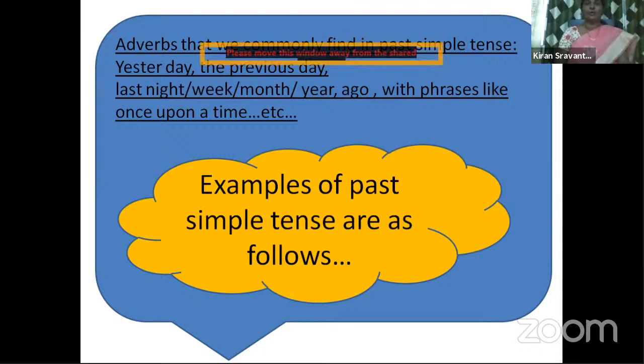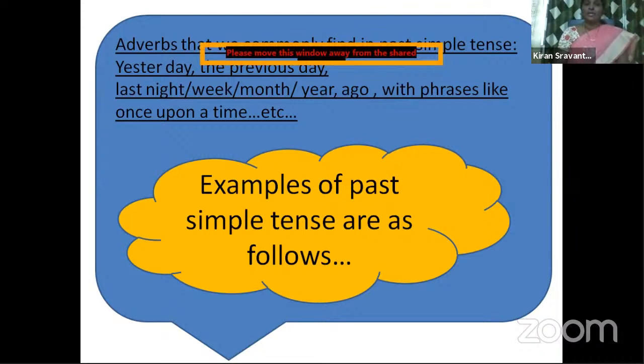We are well familiar with the story: once upon a time there was a king. He had 7 sons. One day they all went for hunting. They caught hold of 7 fish. So in that way the story goes on. When we refer to past stories, we use past simple tense. So a minute ago, a week ago, or a year ago, you can use in that way, and with phrases like once upon a time, a long time back. That refers to past simple tense.